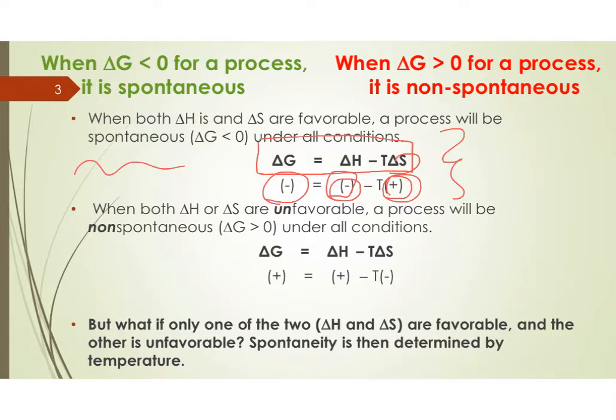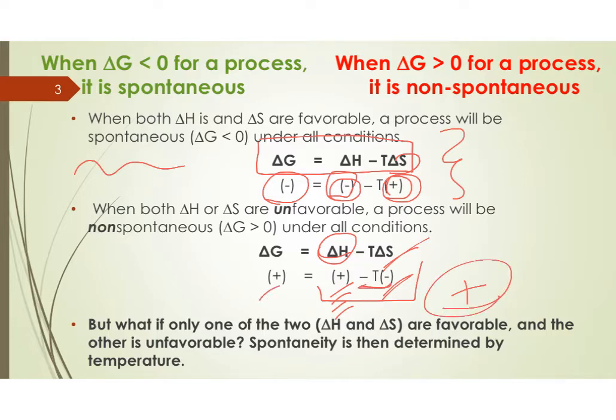Looking at it from the opposite point of view, if enthalpy is unfavorable, in other words, if it has a positive sign, which means an endothermic process, and at the same time, if entropy is also unfavorable, if entropy is decreasing and therefore has a negative sign, if you simply look at the math of this, two negatives give you a plus.